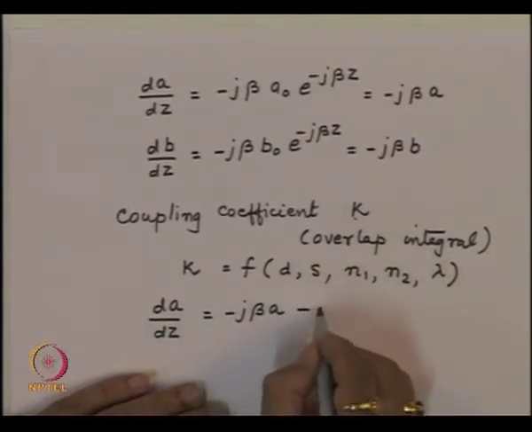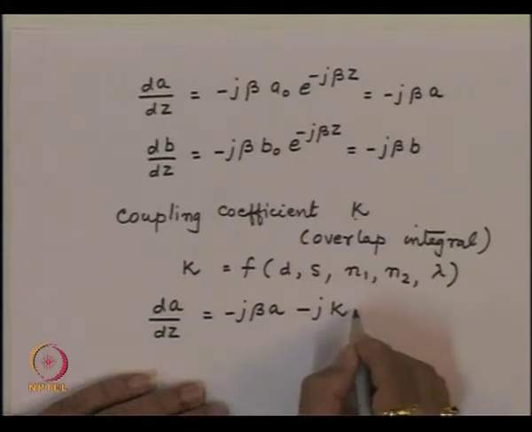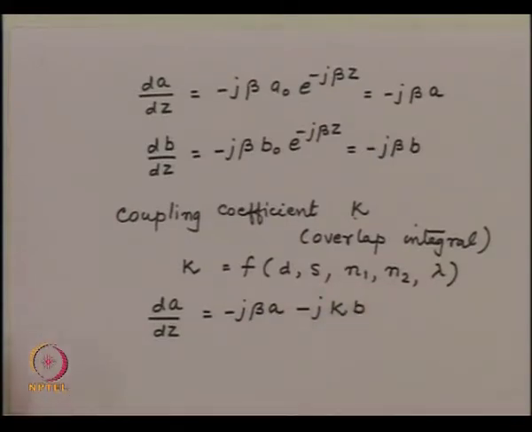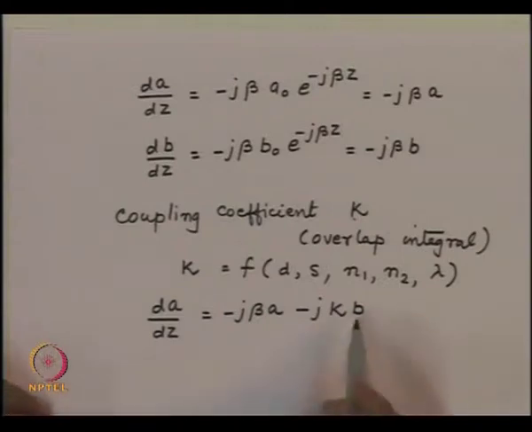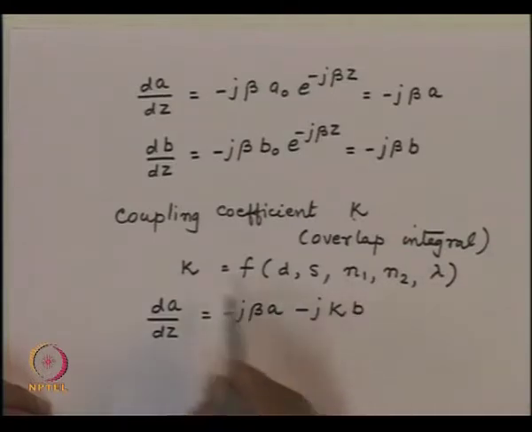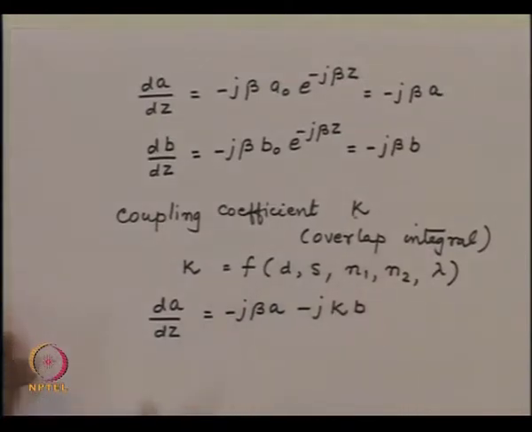So we have minus, let us say, j k into B. So you have a contribution to A, or rate of change of A as a function of z, that is now related to the amplitude of the signal in the second waveguide, which is B, and their proportionality constant is this coupling coefficient.